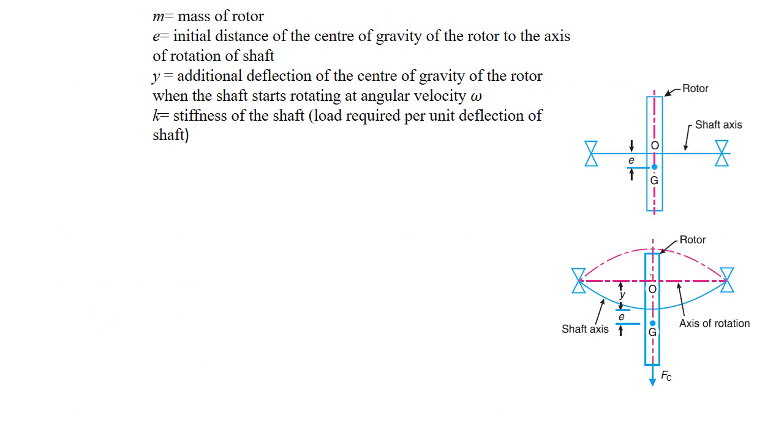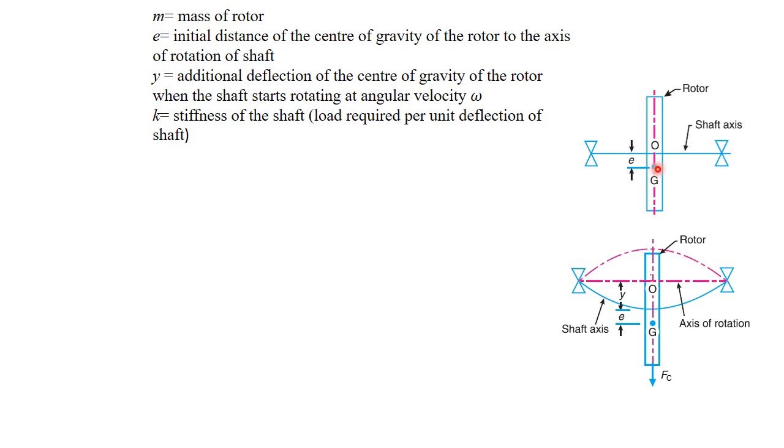You can see here a figure which represents a shaft and a rotor. The shaft is mounted on the bearings. M is the mass of the rotor which is attached to the shaft. e is the eccentricity between the axis of rotation and the geometric center of the rotor.